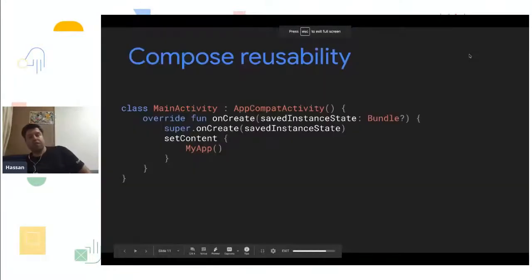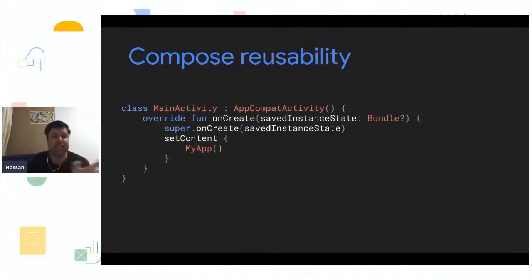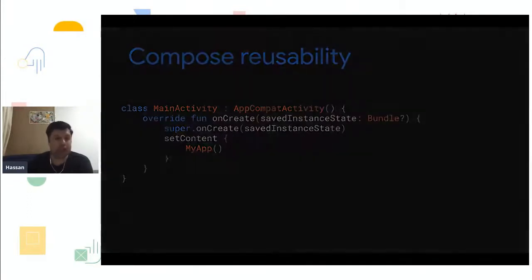Okay, so one thing you noticed here is that once I set the content of my app, I'm adding individual functions. So we can actually reuse our compose functions. For this, we create a top-level, let's say, MyApp compose function, and inside that we can have many children. So one composable can have more composable functions as children.